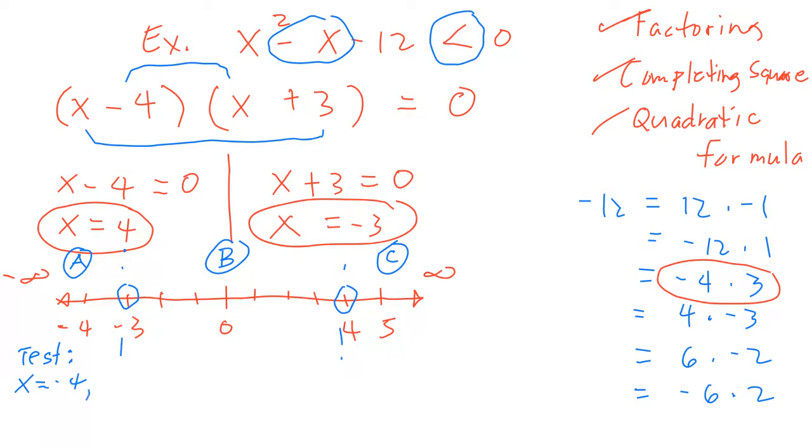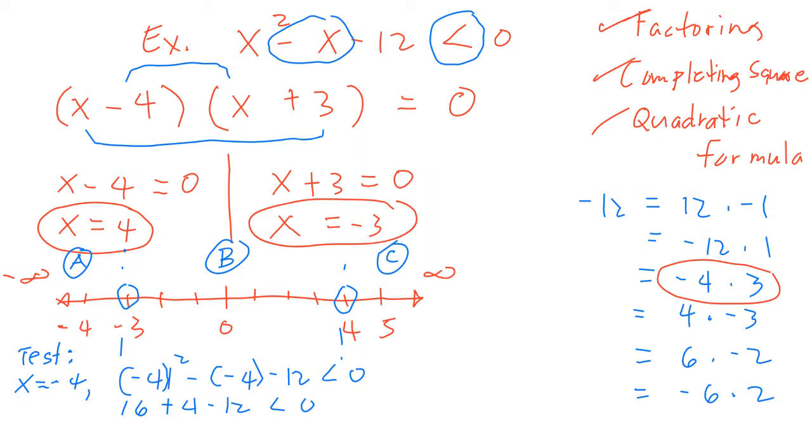So if our x is -4, you will have -4 to the power of 2 minus -4 minus 12 less than 0. Okay, so we will get 16 here, and then plus 4 minus 12 less than 0.